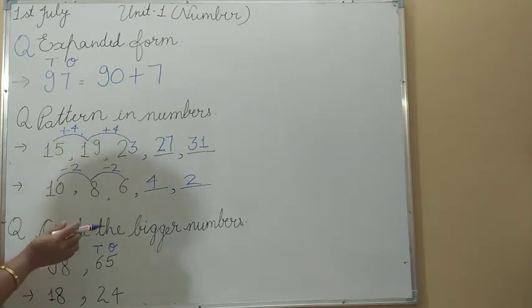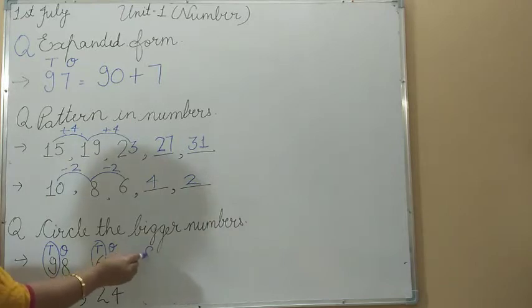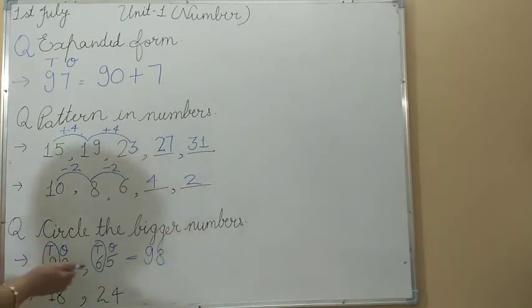Now to find the bigger number, we have to check the bigger digit at the tens place. Is 9 bigger or 6 bigger? 9 is bigger. So which is the bigger number here? The whole number 98 is bigger than 65.